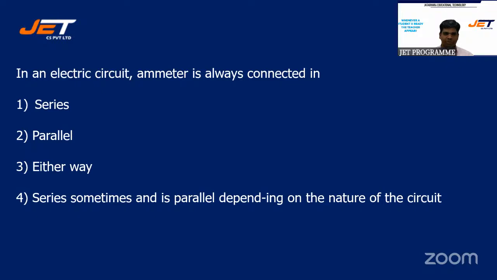How do we connect an ammeter? To find the current through an element, I'll connect the ammeter in series with the element. Let's say I've got an element like this. I want the current through this one, so I'll connect an ammeter in series with this.